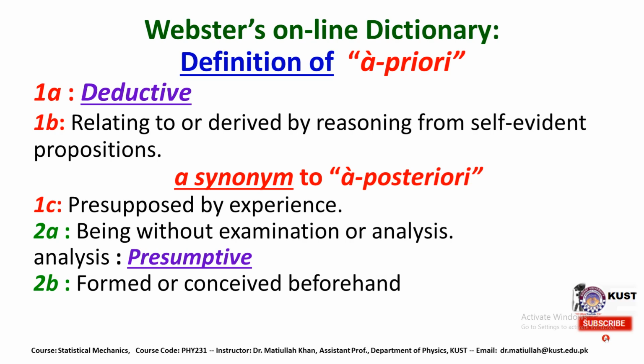That is presupposed by experiments, being without examination or analysis, that is presumptive, and formed or conceived beforehand. So this is something about the a priori probability, but the simple understanding of the basic postulate of a priori probability is that the probabilities of all accessible states are equal to each other, or what we can say is that all the accessible states are equally probable.